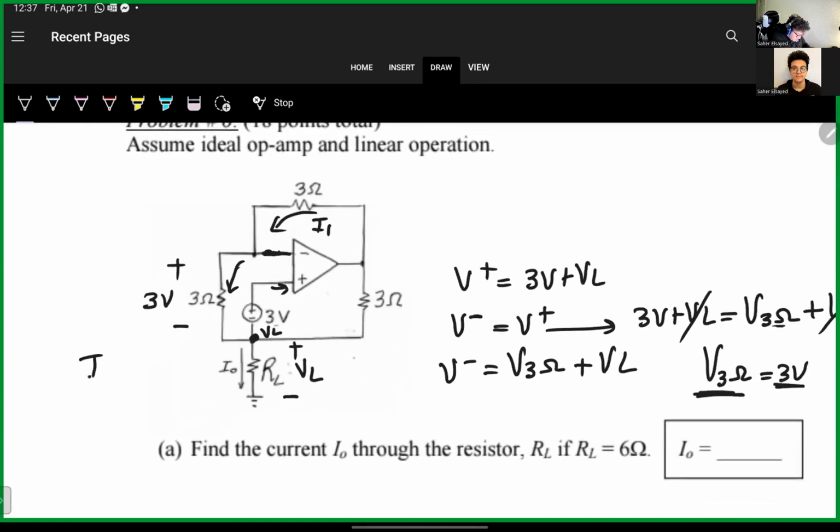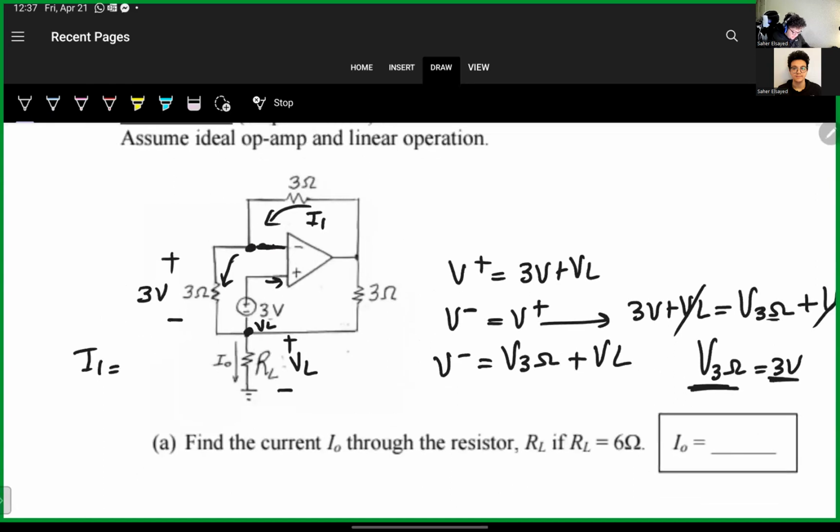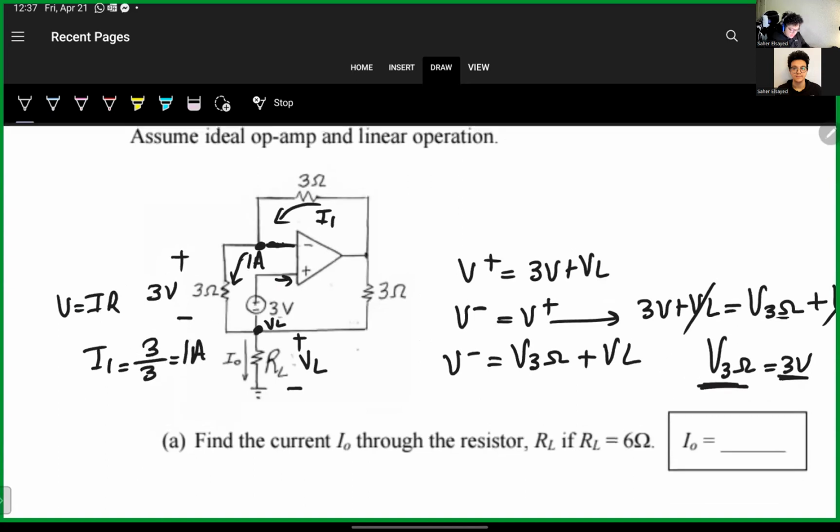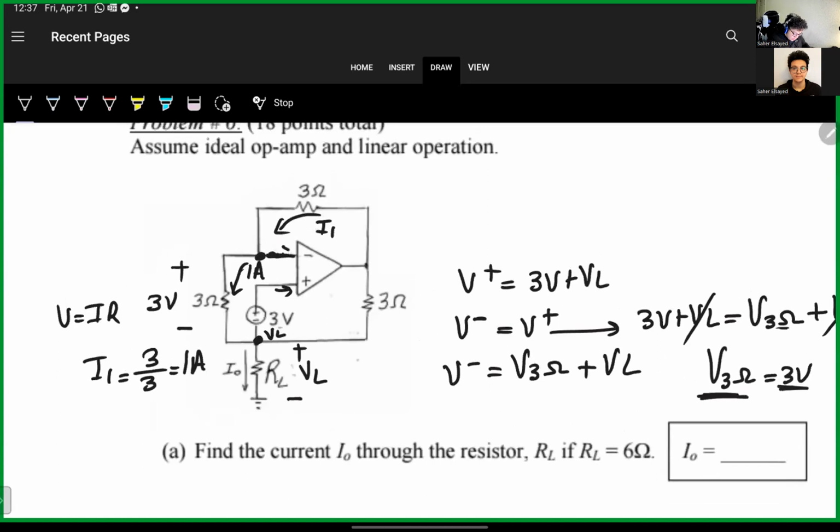What is I1? I1 is the voltage here, which is V minus, minus this voltage, divided by the 3. But we know that it's 3 volt. So the current is V equals IR. So it's V3 divided by 3, which is 1 amp. Correct? So you know this is 1 amp. We can trace it back because we know current here is 0 because it's an ideal op amp.